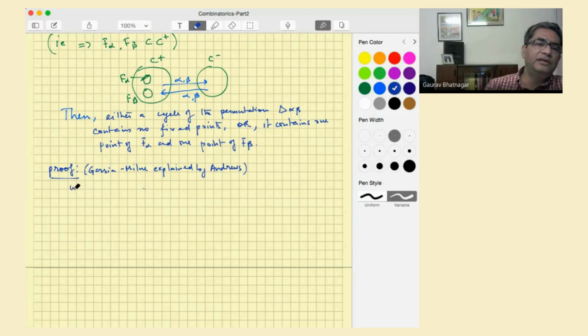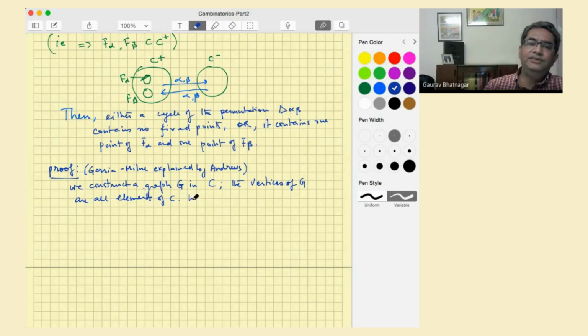To do that, we construct a graph G in C. The vertices of G are all the elements of C, and each vertex we label with a plus or a minus, depending on whether it is in C plus or C minus.